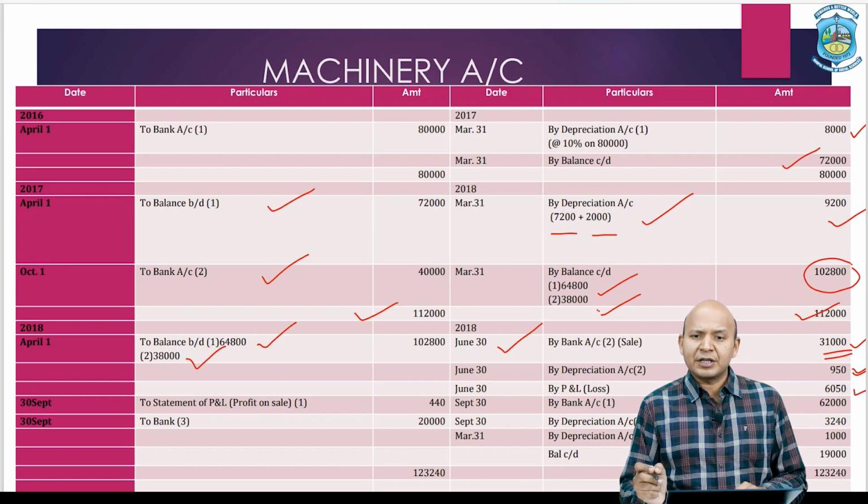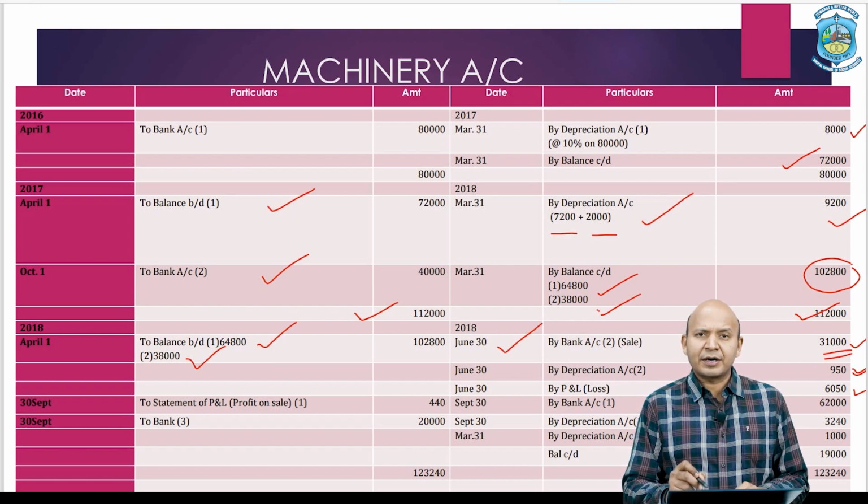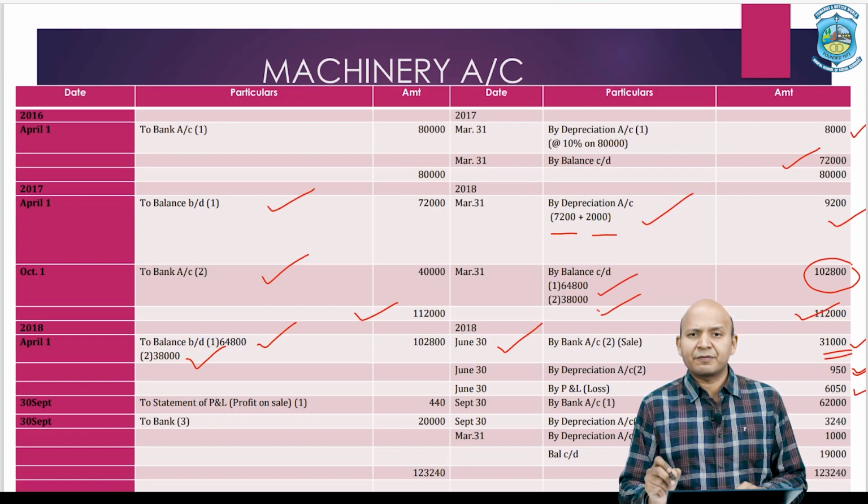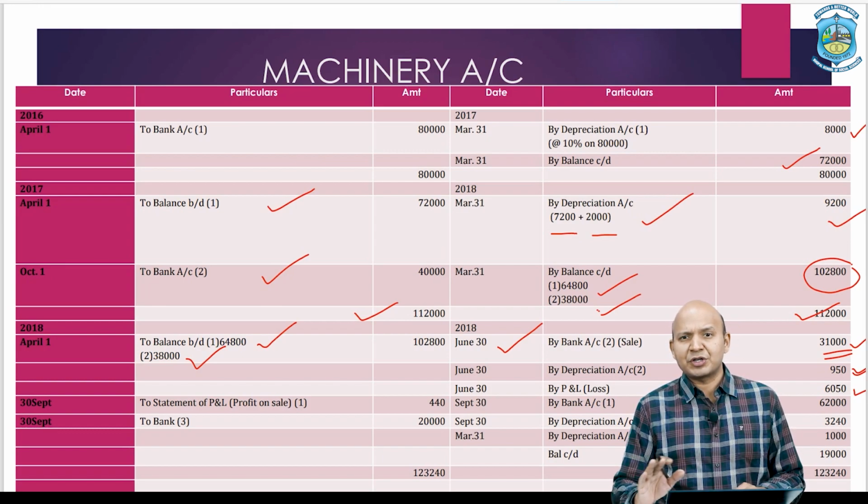So we have mentioned the amount of loss, that is 6,050 to be recorded in the credit side. By profit and loss, the amount of loss is 6,050. With this, the total of debit side of machine 2 and the total of credit side of machine 2 is equal.